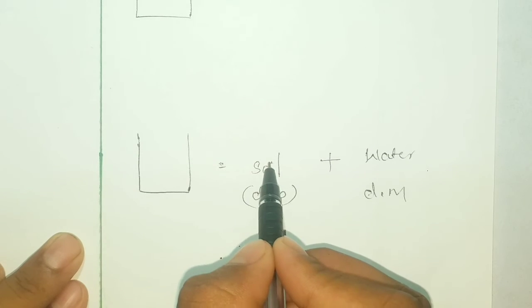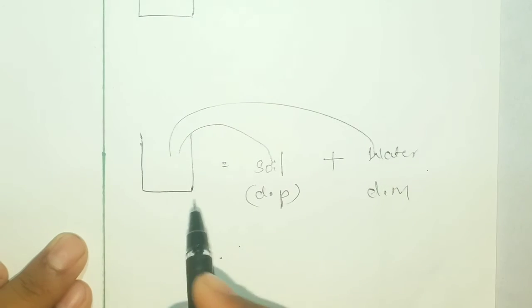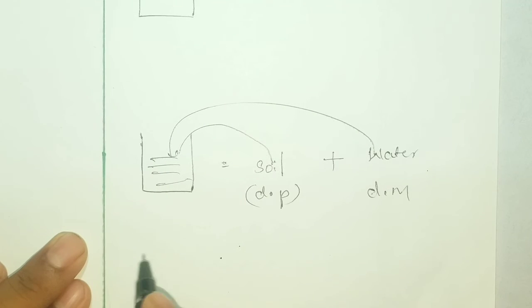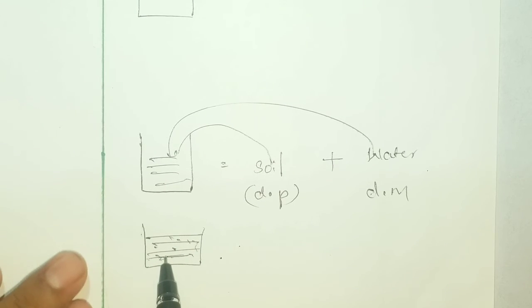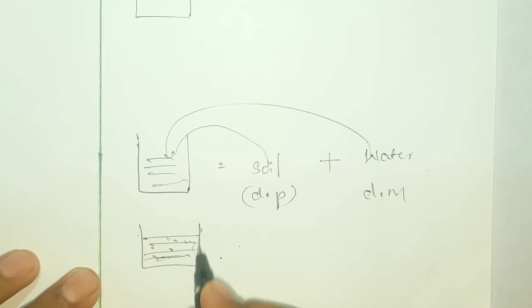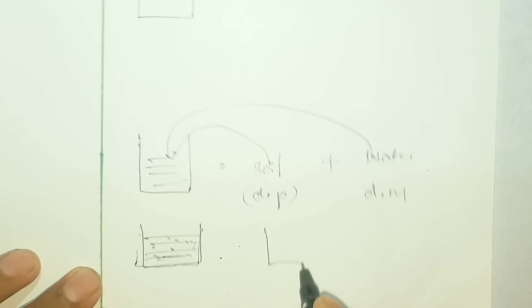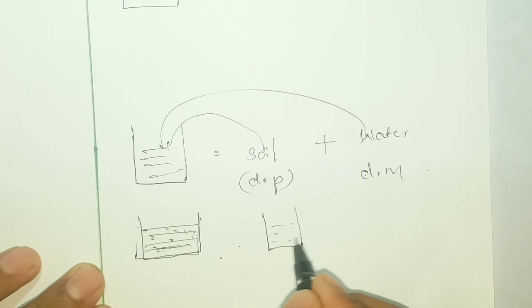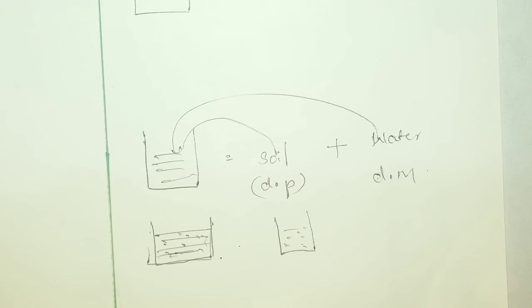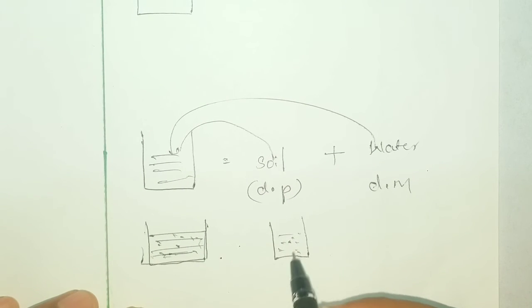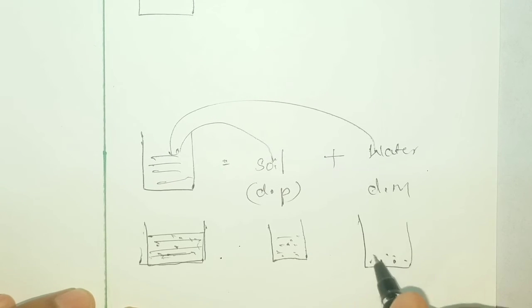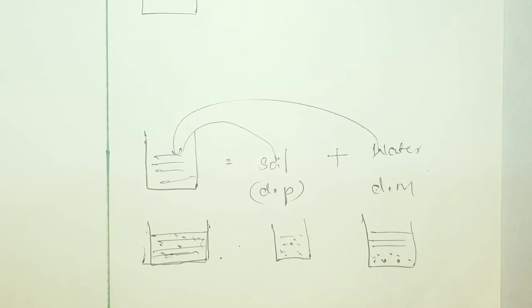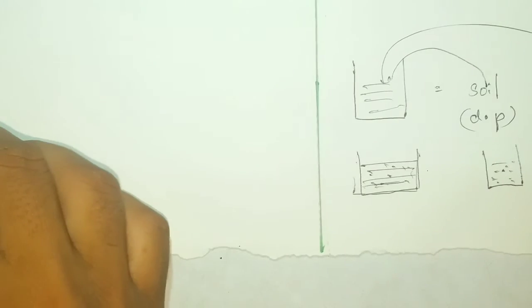When we add this soil and water in the beaker, the particles are present, and when we keep the beaker aside, these soil particles automatically come to the bottom of the beaker in the coarse dispersion.